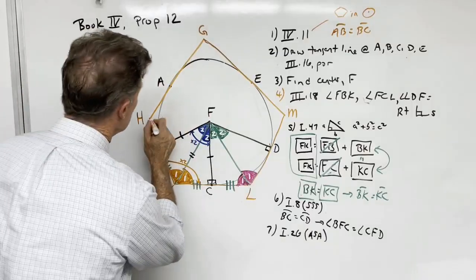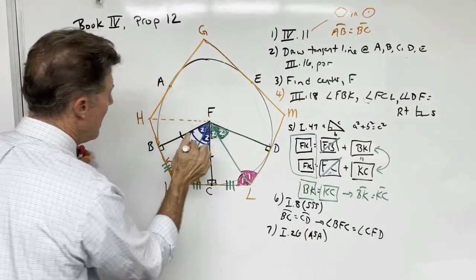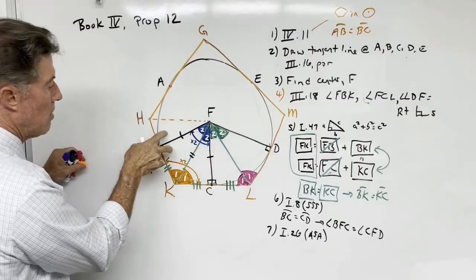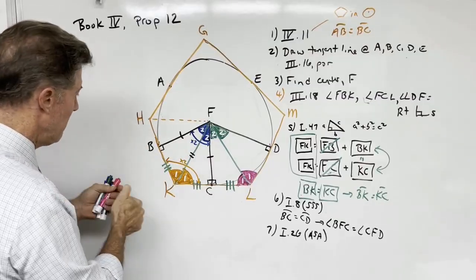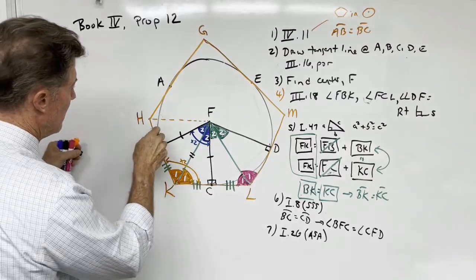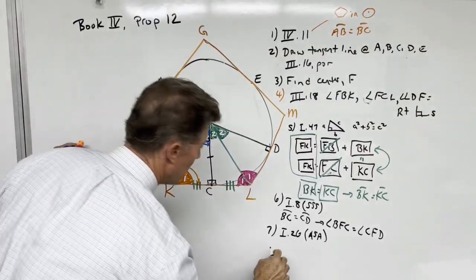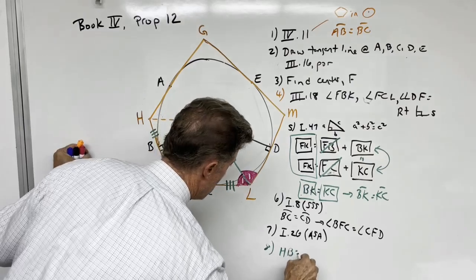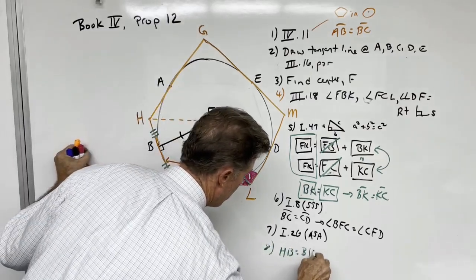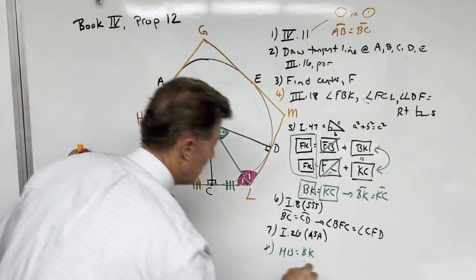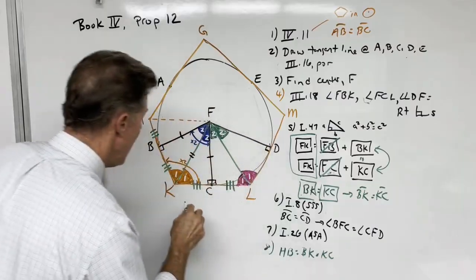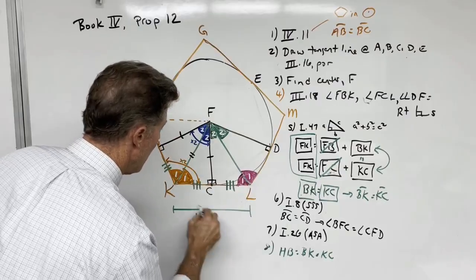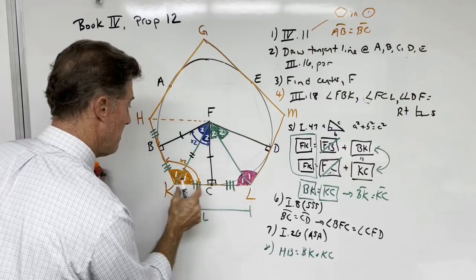All right, if we look at this, if we bring HK over here, the same thing we did here, proving that these two are equal, we can prove that these two are equal in all respects. In particular, we can prove that HB is equal to BK. But remember, BK was already proved equal to KC. And in fact, this entire line, KL, is simply KC plus a line equal to KC.